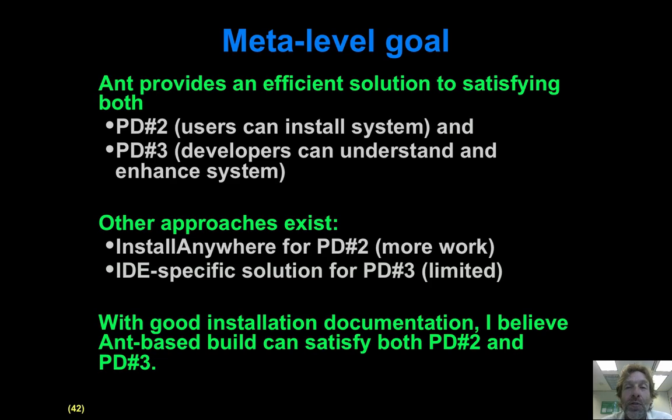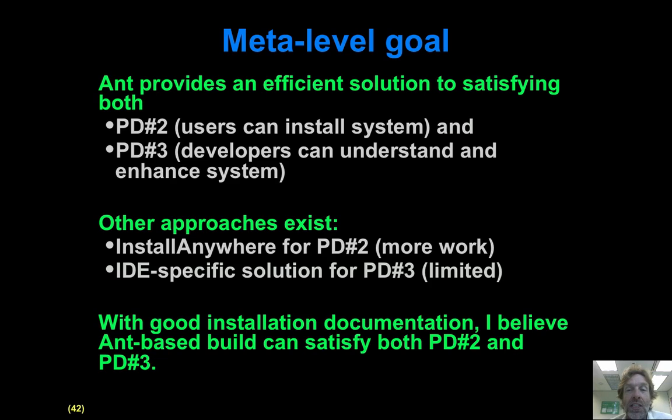So getting back to the 3 prime directives of software engineering, it turns out that Ant is a pretty nice solution for dealing with both users who need to install the system, so installers, as well as developers.